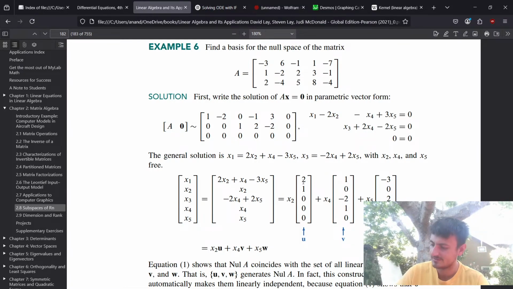Yeah, I totally forgot about this. So then in this one, the thing that's important is that x1 and x3 are not free. So that means that we can write x2 times, I don't know why this is a 2 here.